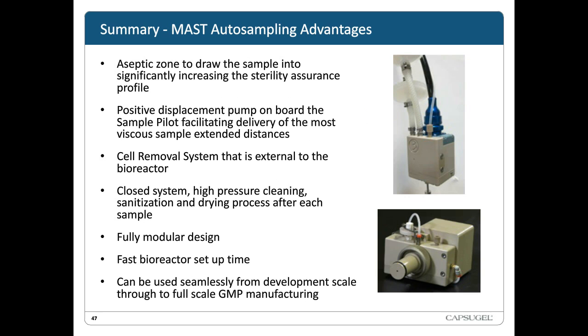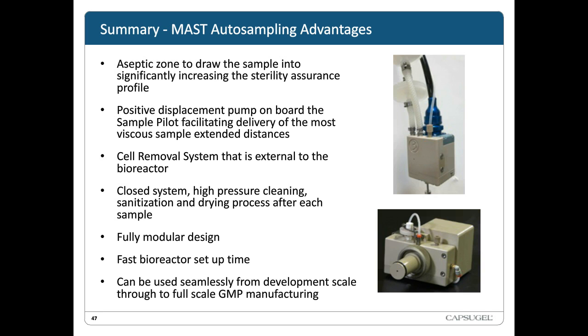So to go through the advantages of the auto sampling, first we've created an aseptic zone to draw the sample into, significantly increasing the sterility assurance. The positive displacement pump that's in the sample pilot is the key to consistently and reliably delivering samples. We don't have time-based operations or things like that. We are volume-based.